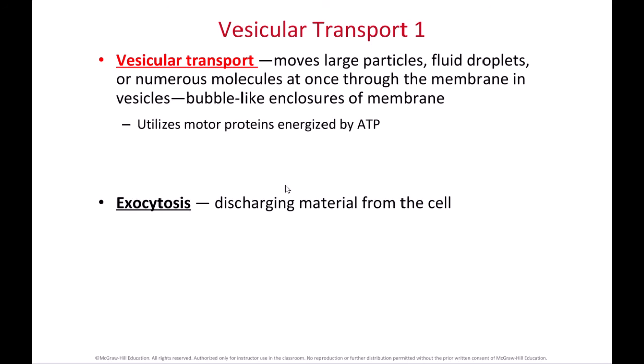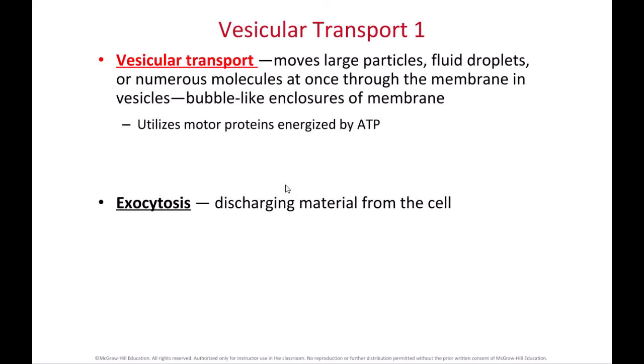However, as we're using this vesicular transport, we're going to have smaller proteins in our cells that move the vesicle, a little storage sac, or I like to think of them as little suitcases filled with substances from one part to another part of the cell. And those little motor proteins are going to use ATP up in the process.